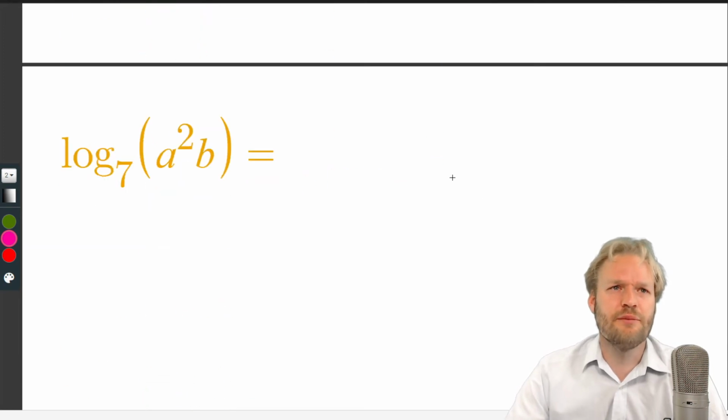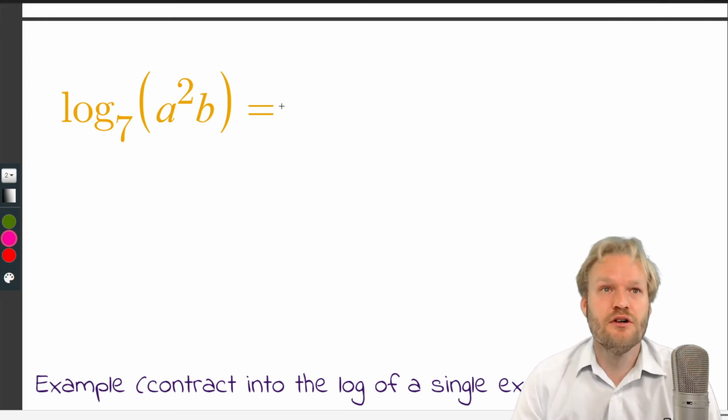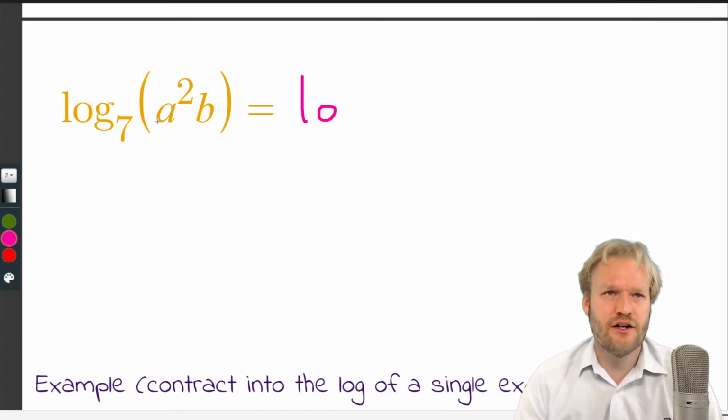Okay, what happens if we have more than one thing going along here? Log base 7 of a squared b. Let's do this in 2 goes. So we've got multiplication and this going. So let's start by going, well, we've got a squared times b. So the base is going to stay the same.